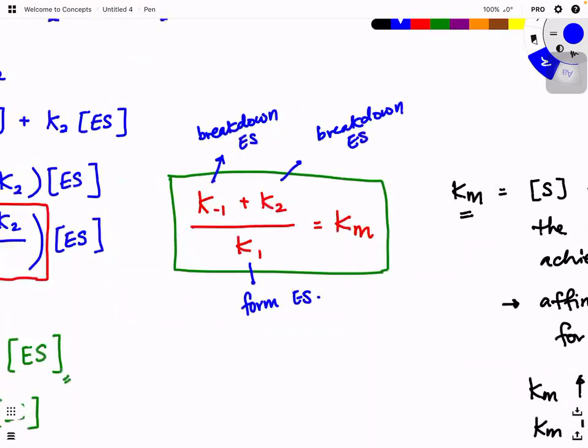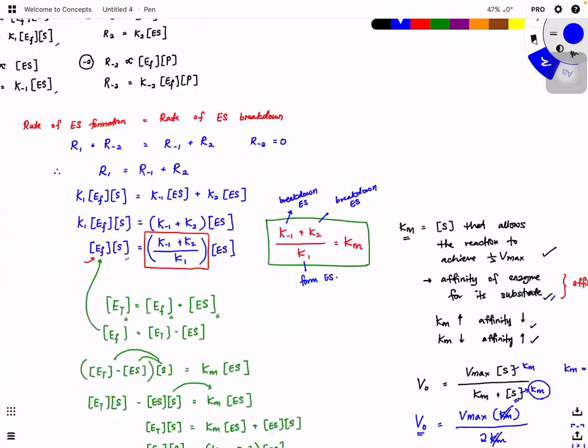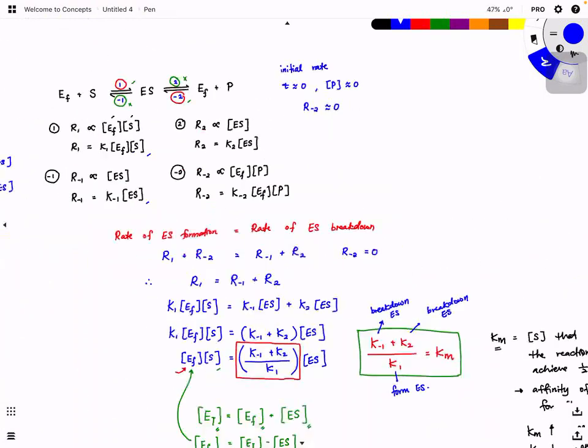The rate equations, right? Okay, now you look at this. Here's my pointer. Can you see that? K-1 here is the rate constant for the one that breaks down ES. It doesn't want ES, doesn't want to form ES.